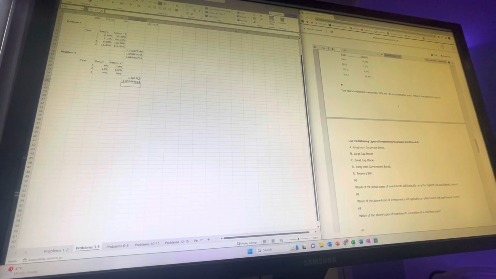We get 1.051. And then our final thing that we need to do is to subtract 1. And then we get a number 5.11%.